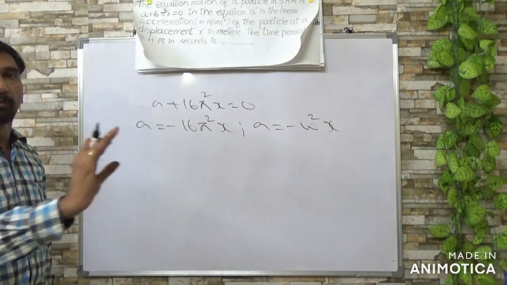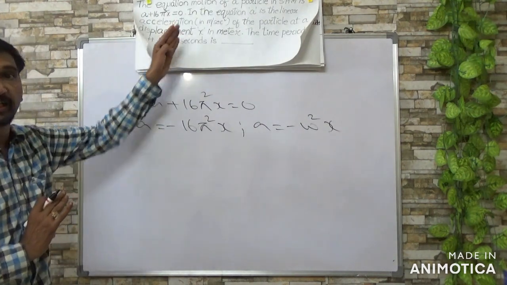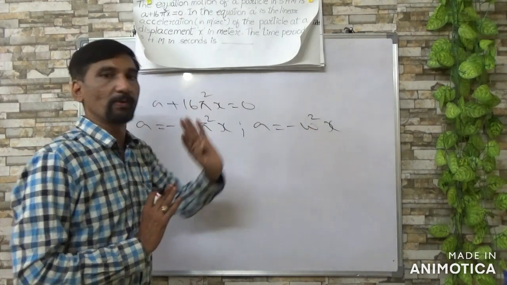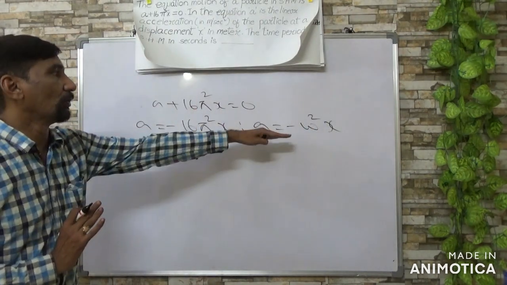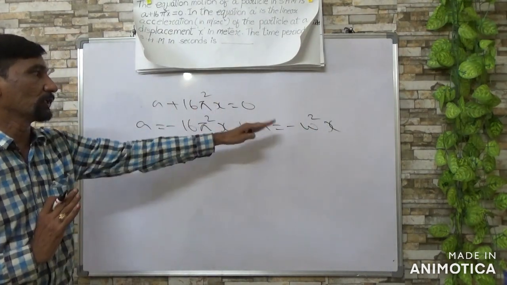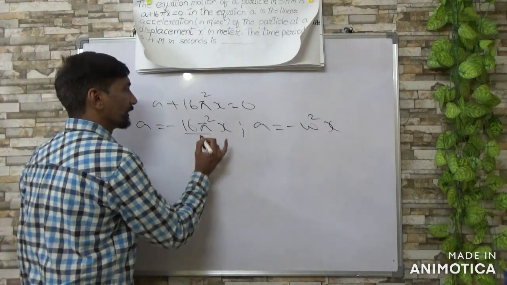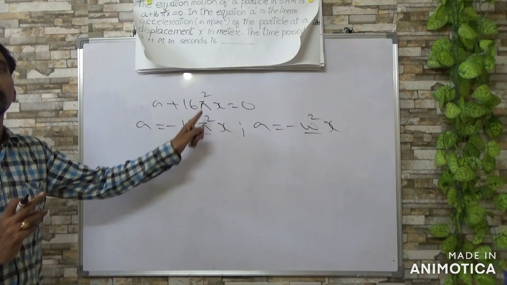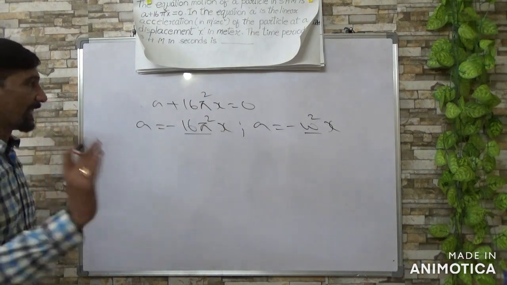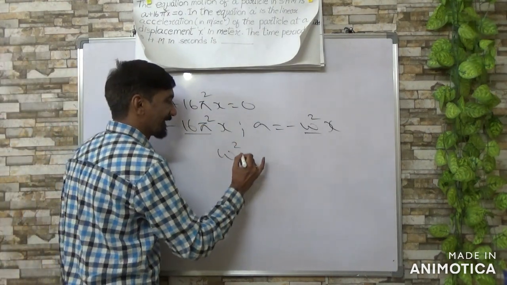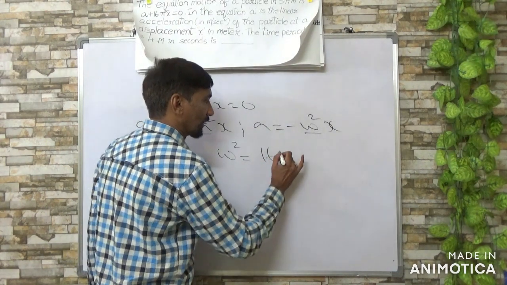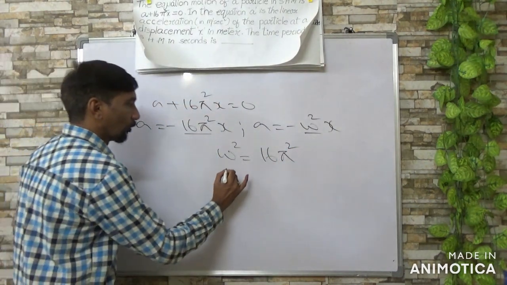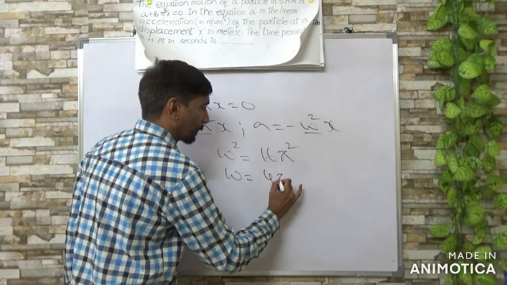Remember, that is the general formula for acceleration. Now when you compare these two equations, in place of omega square you have 16 pi square. So omega square itself is equal to 16 pi square. Then omega is 4 pi.